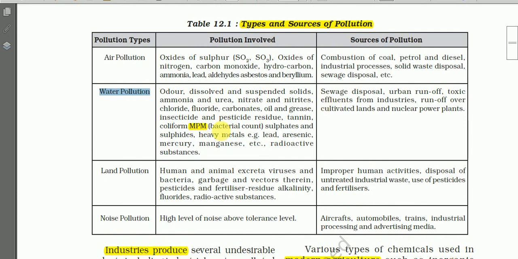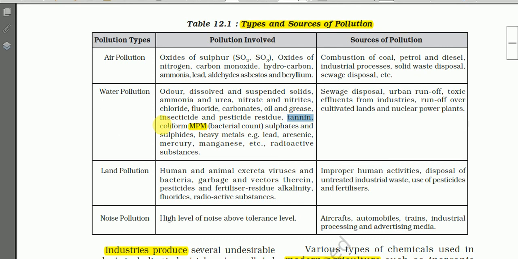So the pollutants involved, we have odor, that is smell, obnoxious smell, irritating smell, then dissolved and suspended solids, then ammonia, urea, then nitrate and nitrite, chloride, fluoride, carbonate, oil and grease, insecticide, pesticide residue from agricultural field, tannin. Actually tannin is a naturally occurring chemical called polyphenol, found in plant seed, bark, wood, leaves and fruit skins.